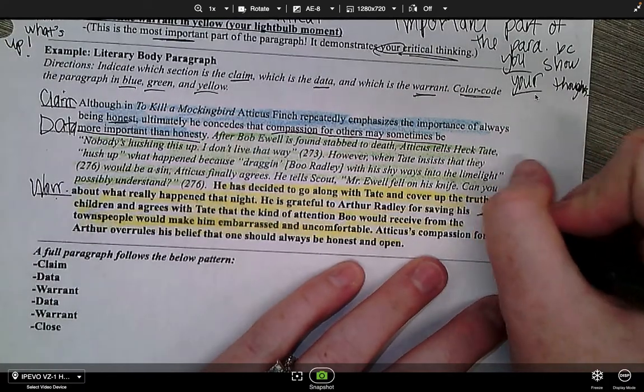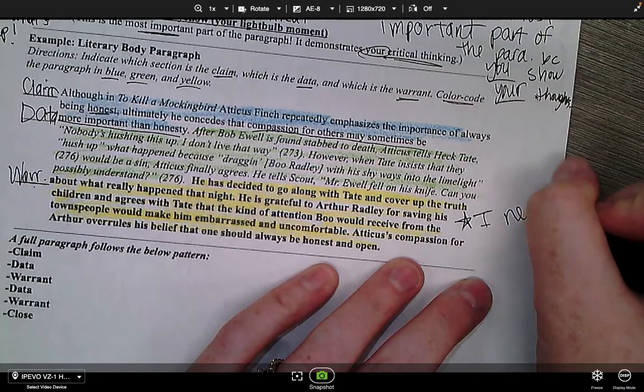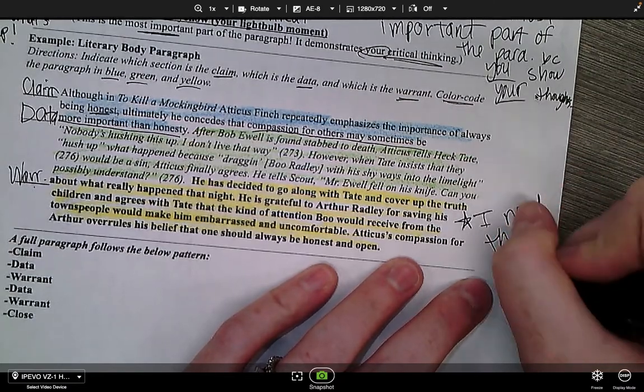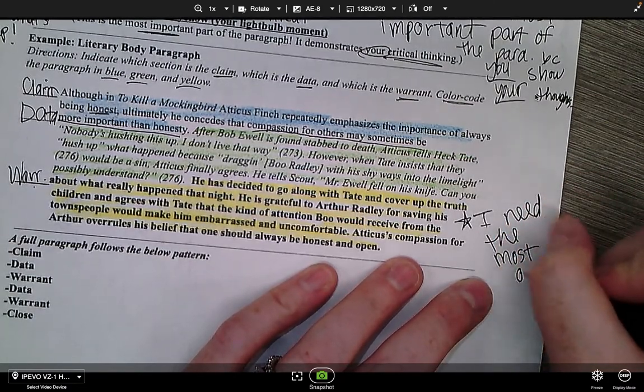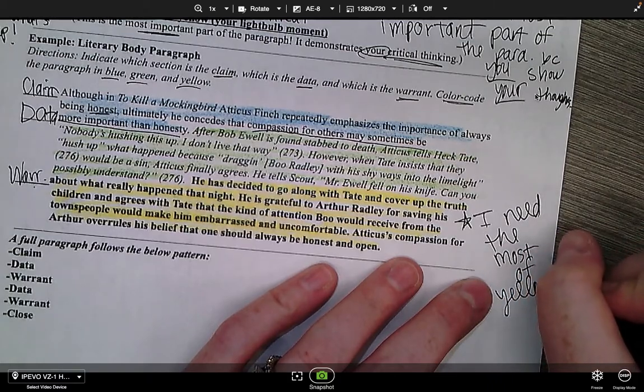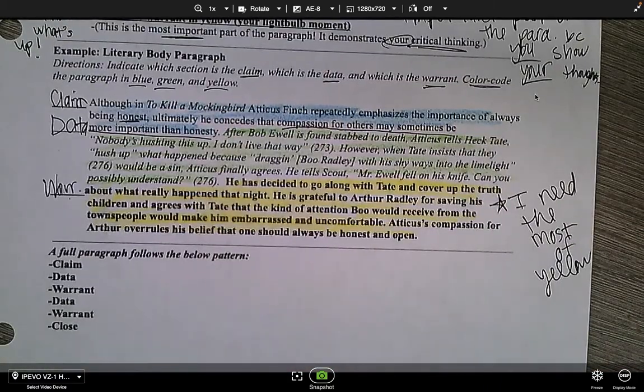Guess what color you need the most of? Yellow. You want the most of your thoughts. Are there any questions about that excerpt?